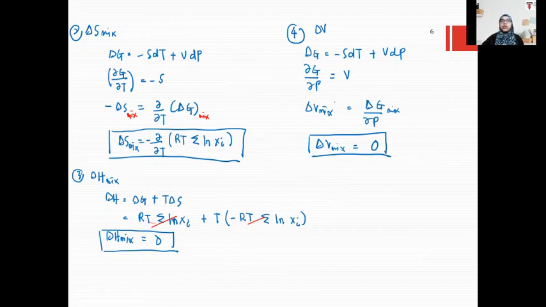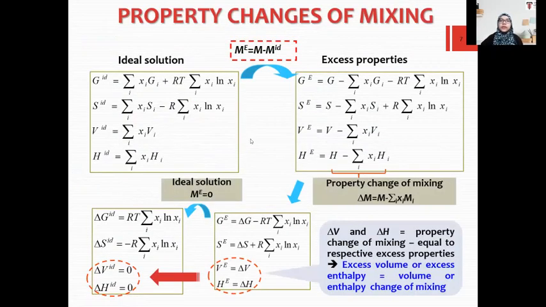So in conclusion, for the property change of mixing, we have the ideal solution and the excess property. To obtain the excess property, it is the real minus the ideal solution. The same goes for the other properties. Volume and enthalpy give us the property change of mixing by using this general equation. And then finally, we obtain delta V and delta H of mixing equal to 0.